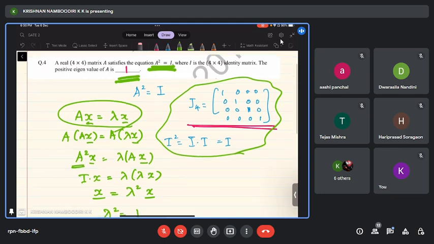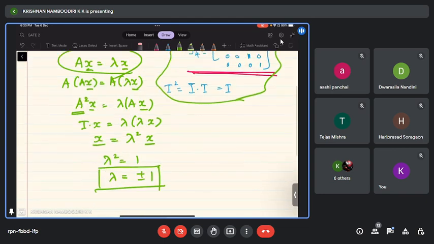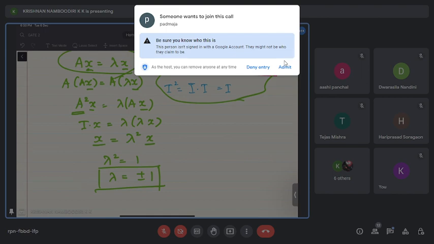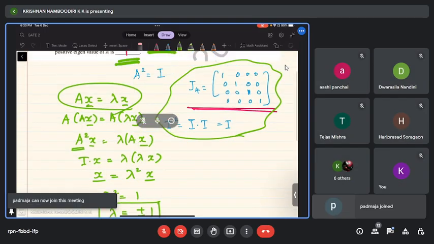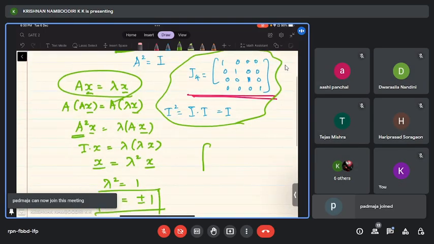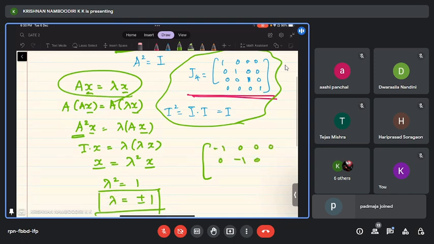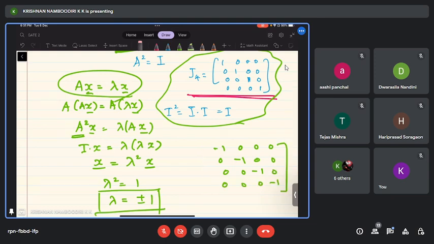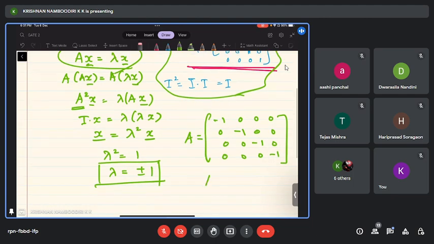Sometimes you get lambda equal to -1 as well, correct? For some cases, say the matrix is -1, 0, 0, 0, 0, -1, 0, 0, 0, 0, -1, 0, 0, 0, 0, -1. Suppose this is A, then A square is nothing but I, correct?